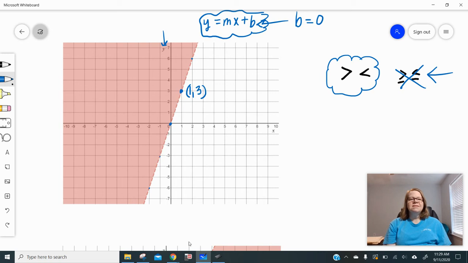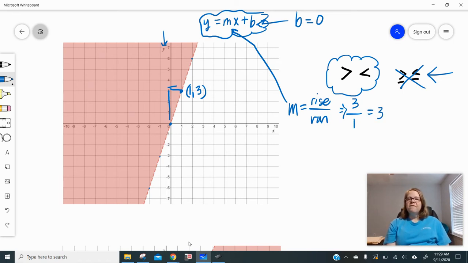That makes it easier. Okay, so now it's just a matter of rise over run. So think from 0, how far do you go up? 1, 2, 3. So you're going up 3. So that's your slope from, right here. Your slope is rise over run. So you're going up 3, and you're going to go right 1. Well, 3 divided by 1 is just 3. So I have the things I need now.